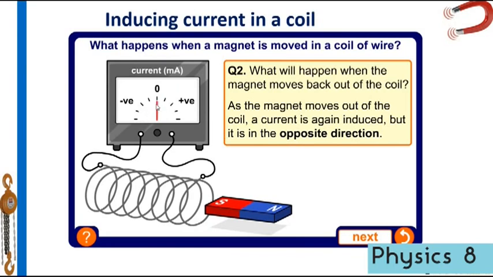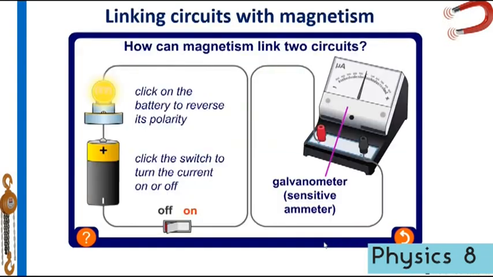That's the reason why the needle moved from this position to the negative position when it was moving out of the coil back to its original position. But remember, when we took the magnet from its original position and moved it into the coil, you saw the needle move to the positive section of the ammeter.